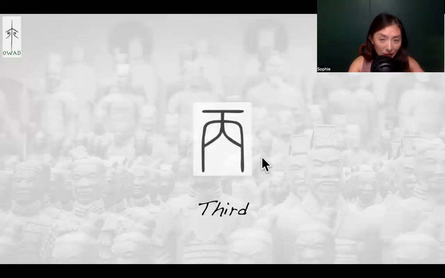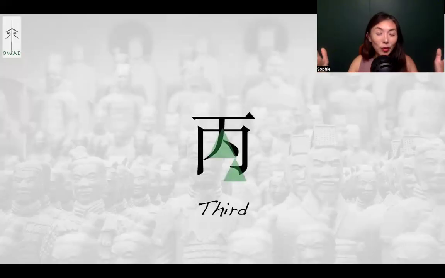And then this is how it was shown in Xu Shen's dictionary back then. And Ding would be the last stage when it grows into a long-staffed, tall-standing plant. So a seed's life journey, this is the third stage.